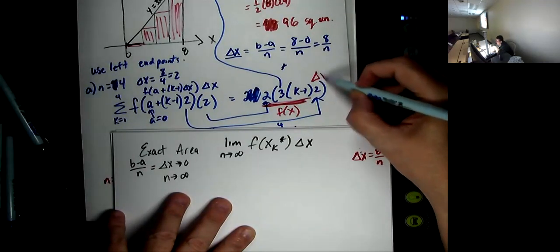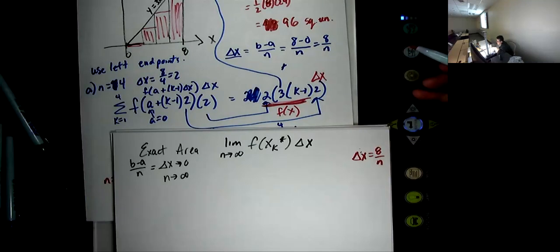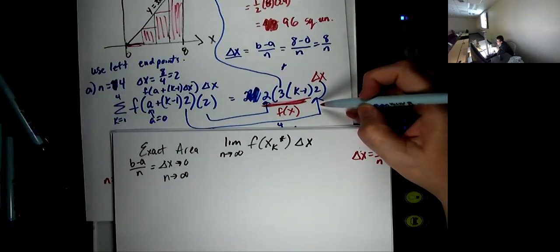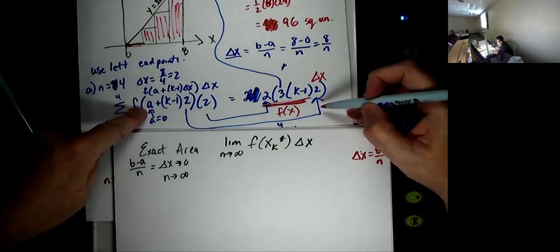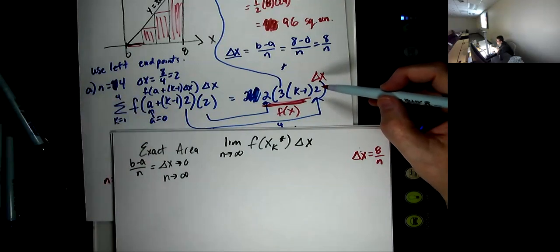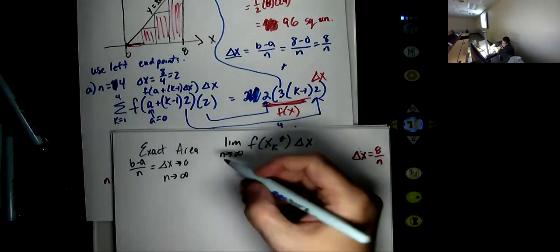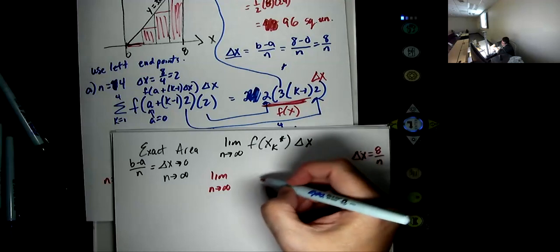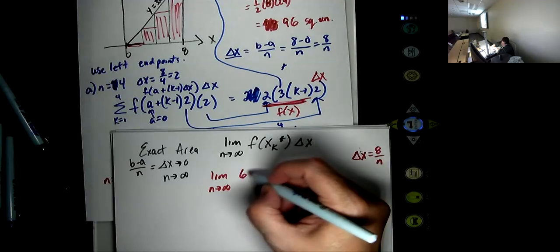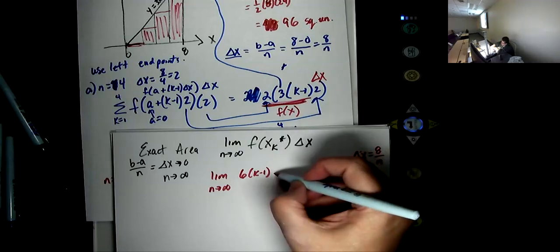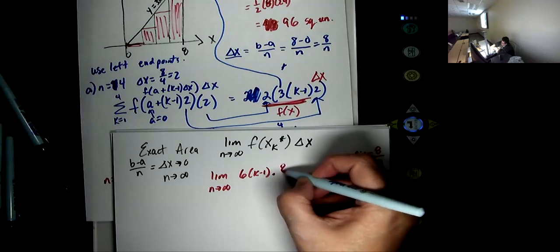This was my delta x. Because we're going to do a, which is 0, 2 times k minus 1. We're plugging 2 times k minus 1 into 3x. So we're going to have the limit as n goes to infinity. That's 6 times k minus 1 times 8 over n.